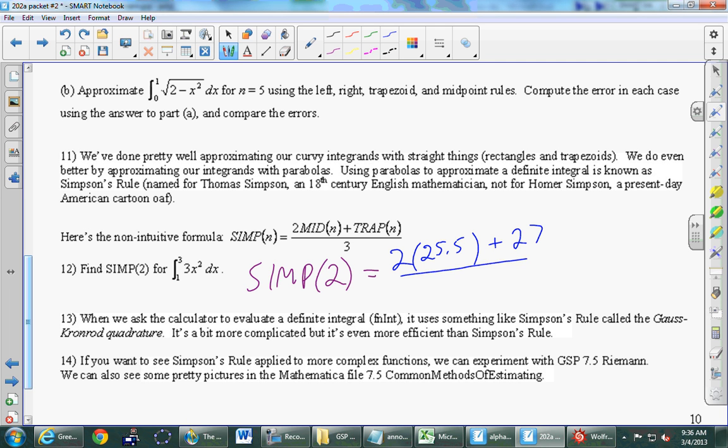And then we divide by 3. Anybody have it? 26. Woohoo! Okay, it's not always perfect, but I think generally it's better than any of the 4 that we've done.